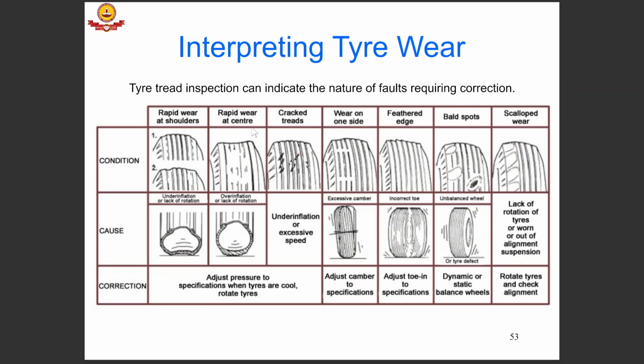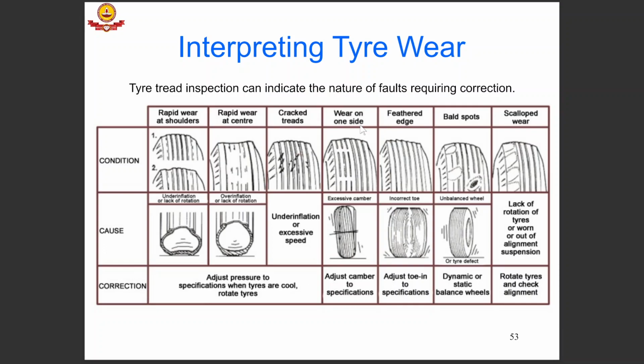If there is rapid wear at the center, that means overinflation or lack of rotation. Then there can be cracked treads, which is underinflation or excessive speed. The correction for all these three is adjusting pressure to the specifications when tires are cool, and rotating tires. So when tires are cool is a critical thing here.